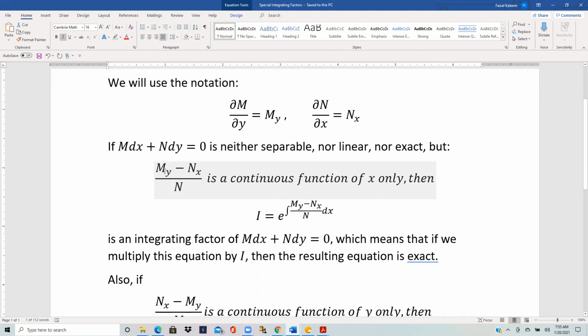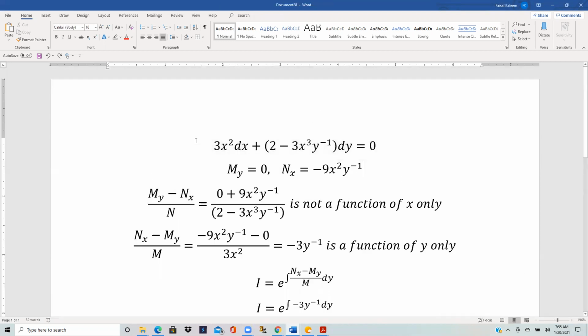So let's check this quotient, (M_y minus N_x) over N. M_y was 0, so you have minus N_x, so it would become plus 9x squared y to the negative 1, divided by N, and remember N was this part. Now obviously this cannot be simplified any further, and we see that this is not a function of x only because it does have y in it as well.